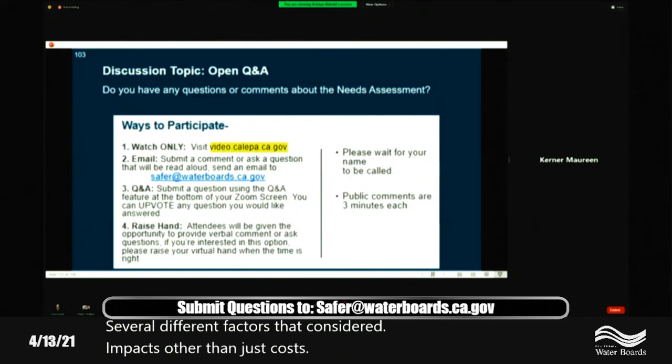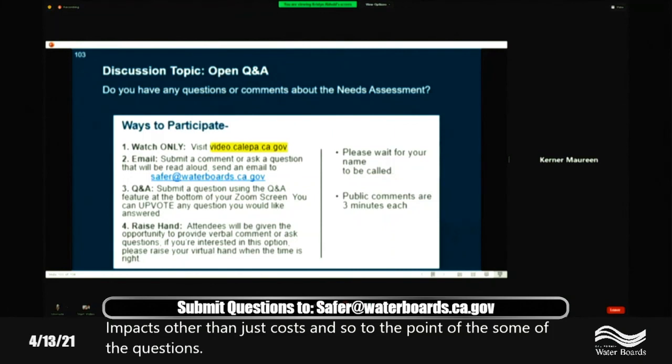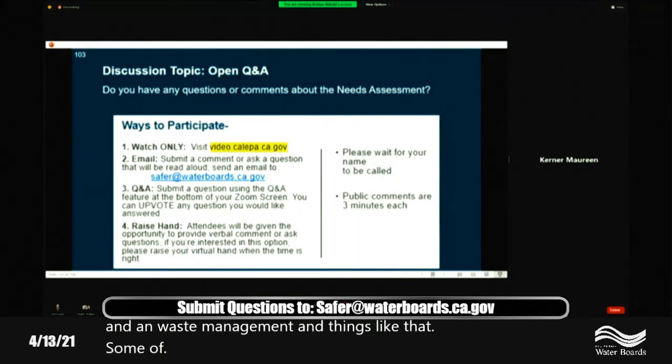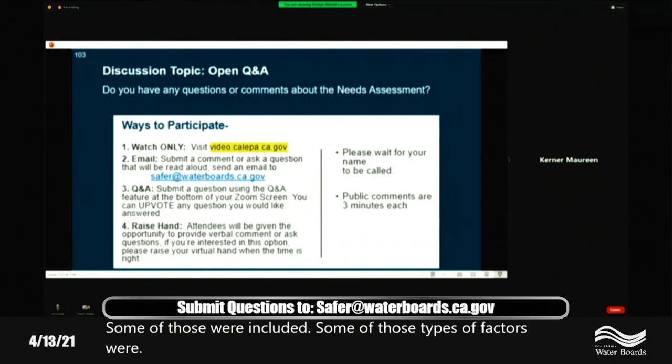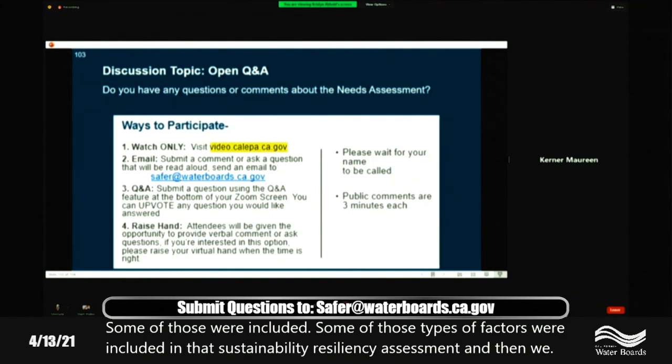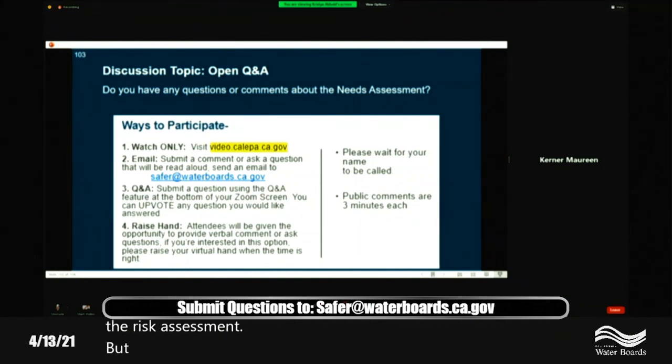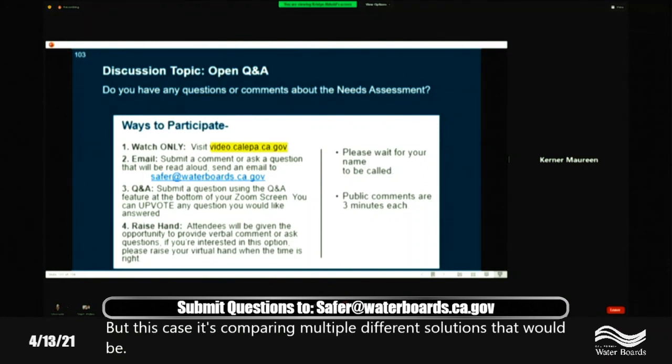And so, to the point of some of the questions you had as far as operation and maintenance costs and waste management and things like that, some of those types of factors were included in that sustainability and resiliency assessment. And then we developed a scoring method similar to what was done for the risk assessment. But in this case, it's comparing multiple different solutions that would be possible for a particular system.